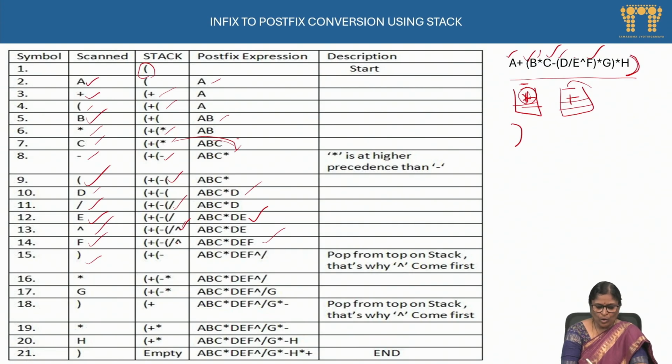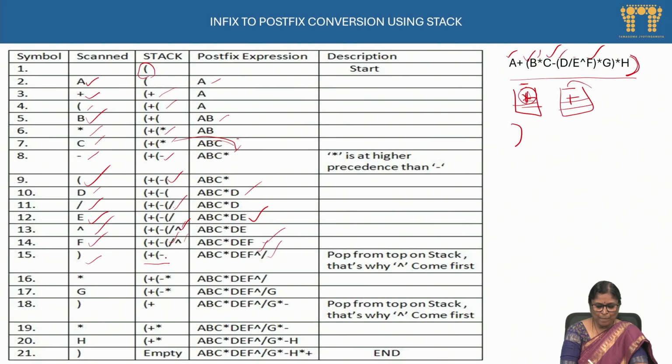In that way, now the top of the stack you have power. So power is added. Then you have a division. So division is added. Then left parenthesis is there. So remove the left parenthesis and don't add it anywhere. Remove from the stack. So that way, now the current content of the stack is left parenthesis, plus, left parenthesis and minus.